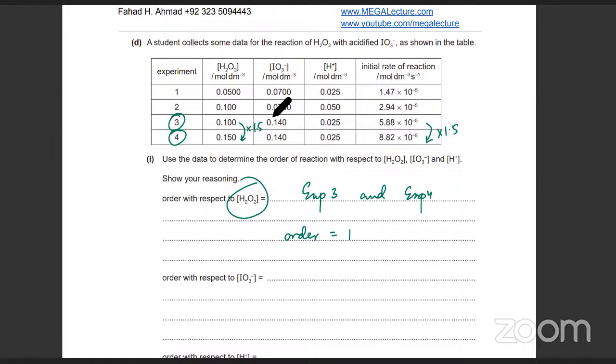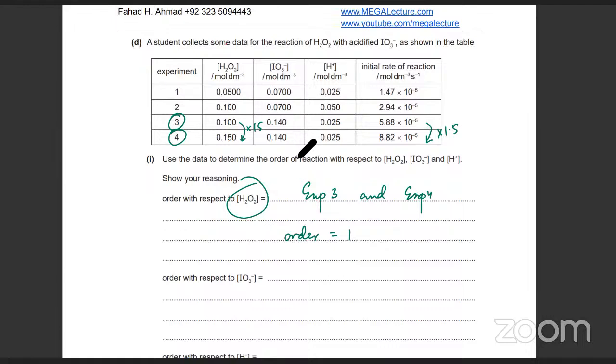Uh, 2 and 3, the H plus 1 is also changing concentration. So you can't investigate rate with respect to IO3 minus 1 because H plus 1 is also changing concentration. So 2 or 3 काम नहीं करेगा. Are there any experiments where IO3 minus 1 changes while the rest of the concentrations remain constant?